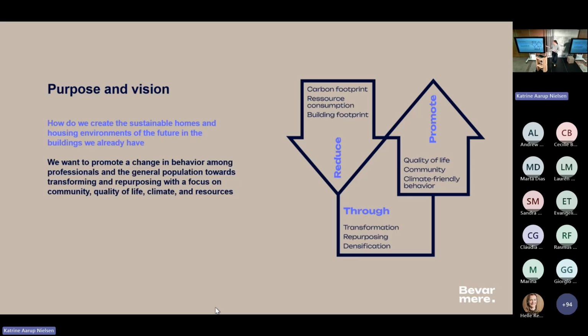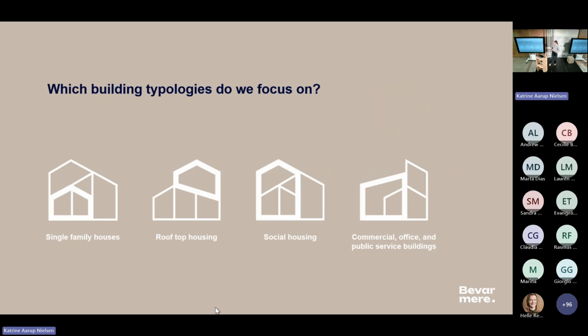And we want to do it through transformation, repurposing, and densification. So our initial analysis showed us that there are potentials in especially these 4 different typologies. So we're looking into single-family houses, rooftop housing, social housing, and commercial, office, and public service buildings.